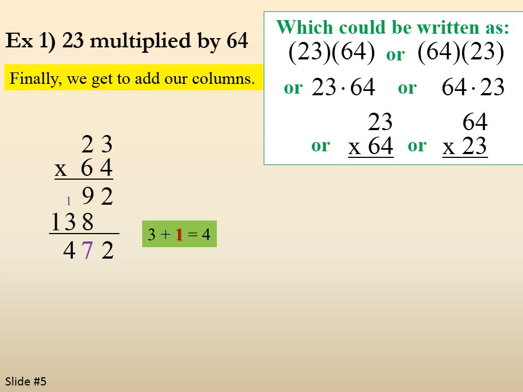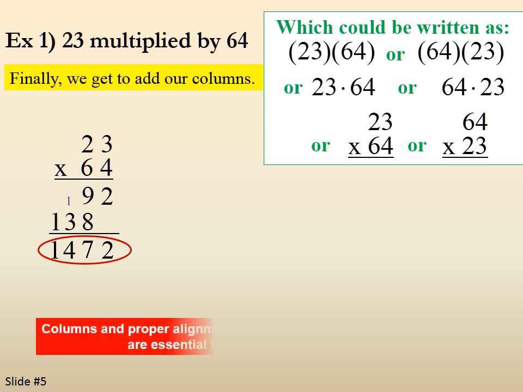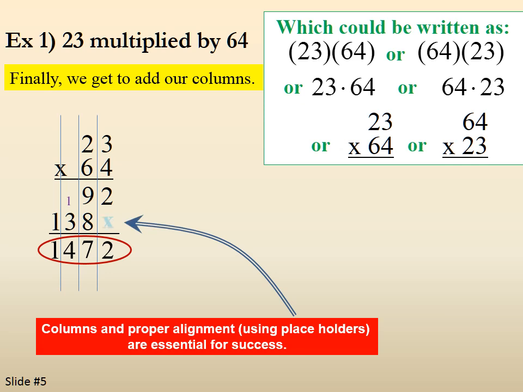And then 3 plus the carried 1 gives us 4. And then the 1 comes down. So our answer is 1,472. So 23 times 64 is 1,472. So: placeholder and columns. Everything's got to be lined up.